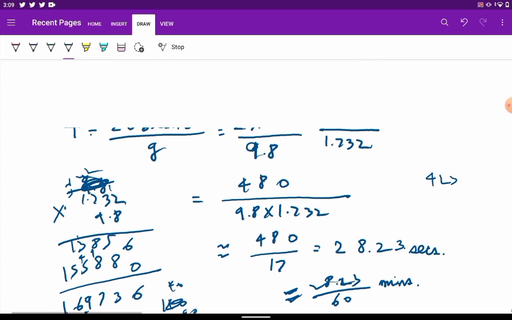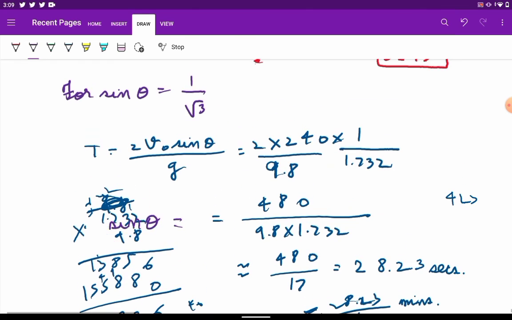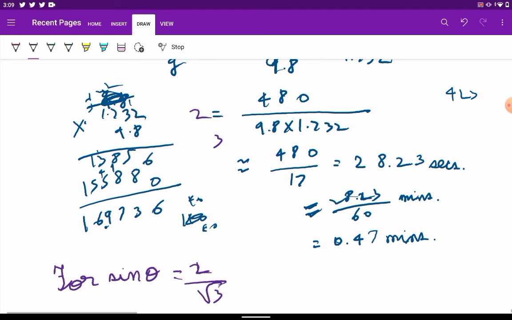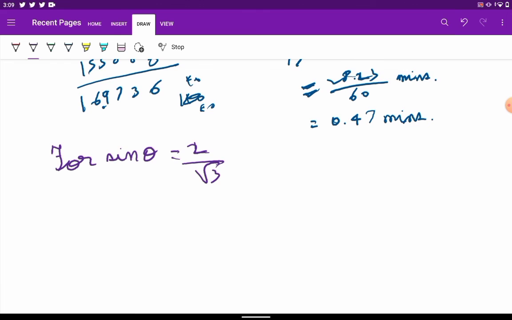Okay, this is one result, and of course for sine theta equal to 2 by root 3, obviously, since sine theta is in the numerator, it will be just twice of this amount. So by that logic, this becomes 0.94.